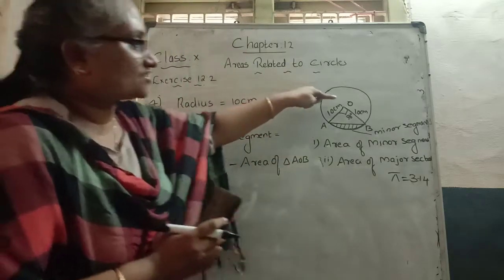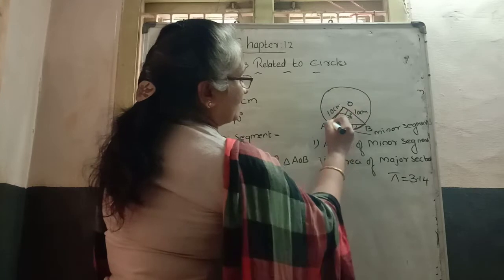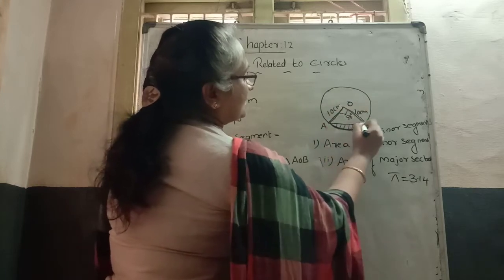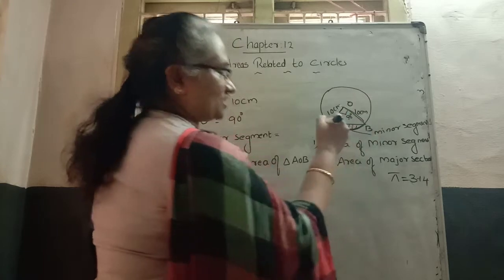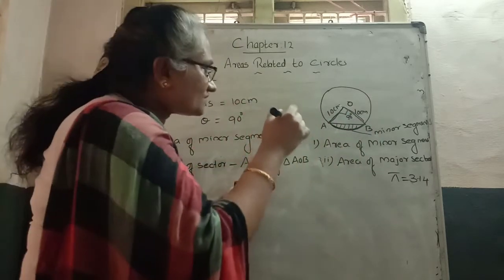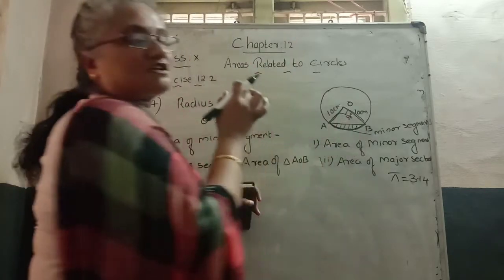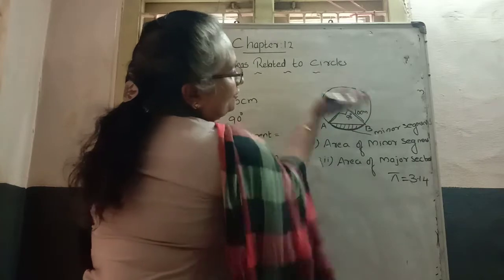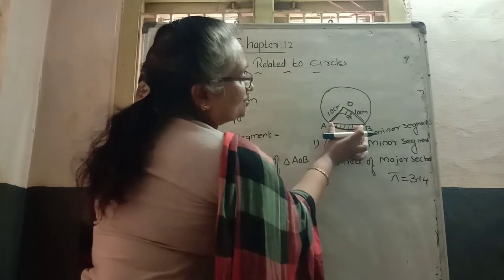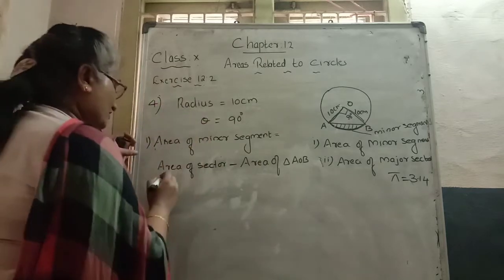Subtracting the triangle from the full sector, we get the segment part, and then we substitute the values.